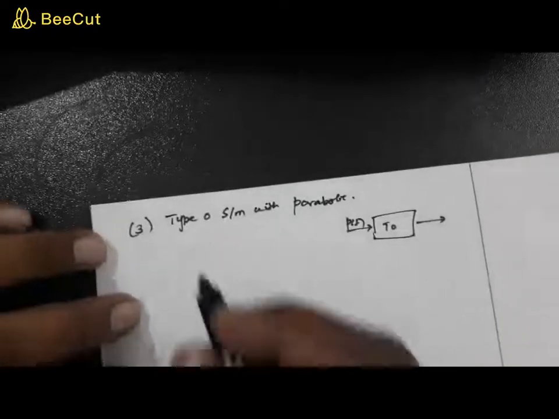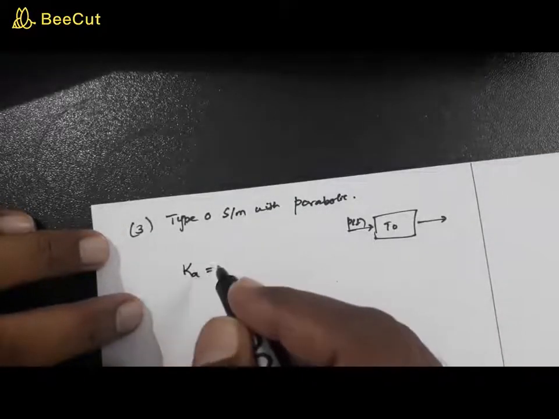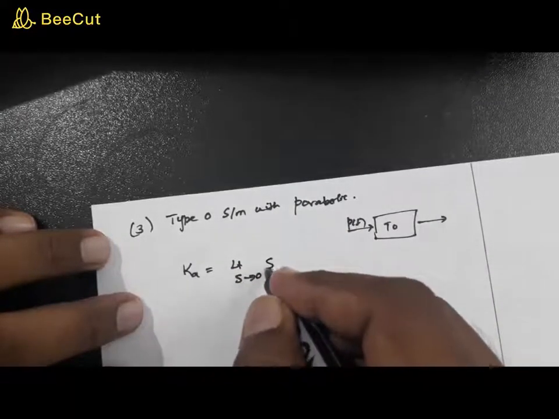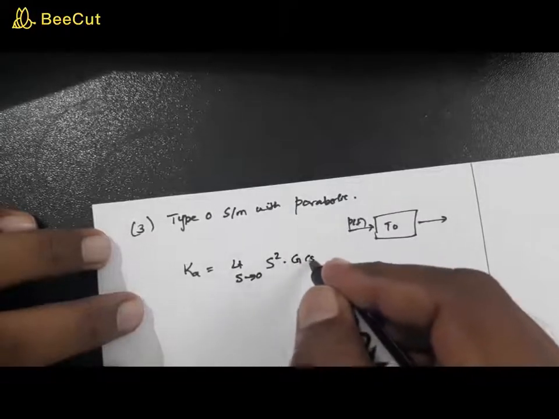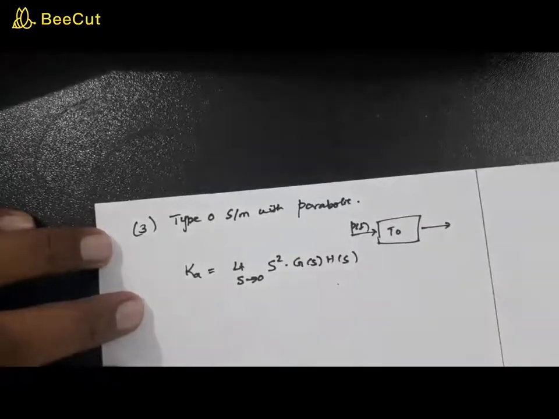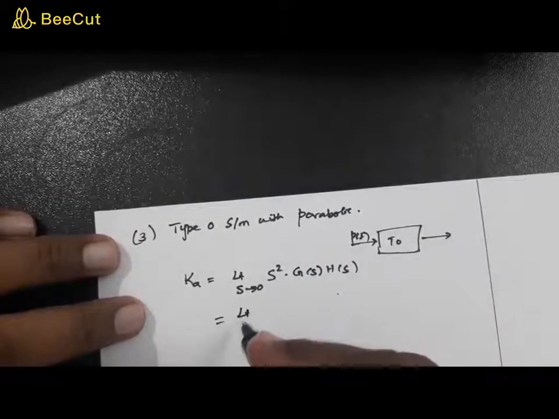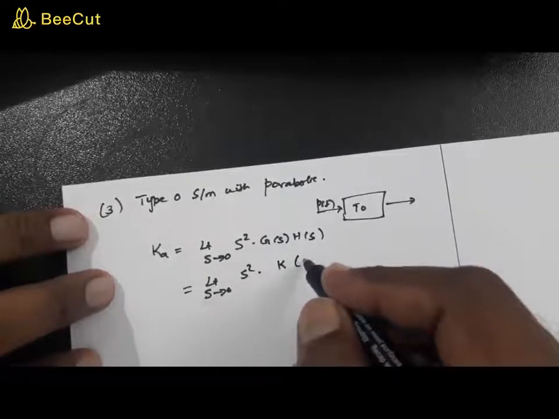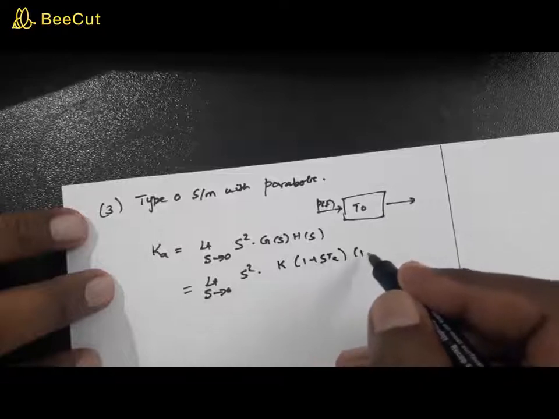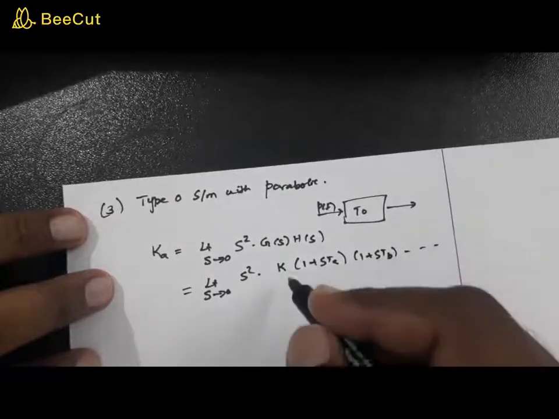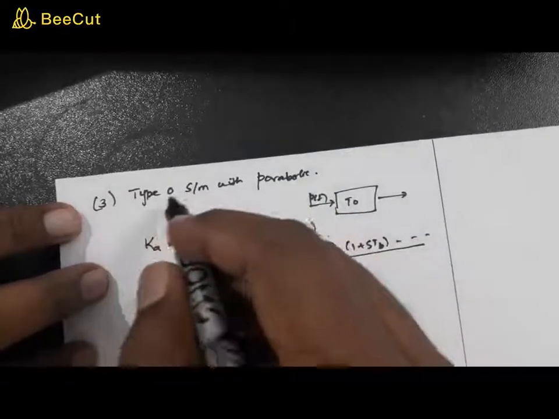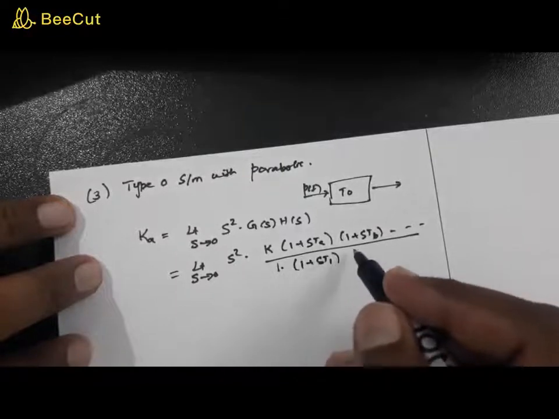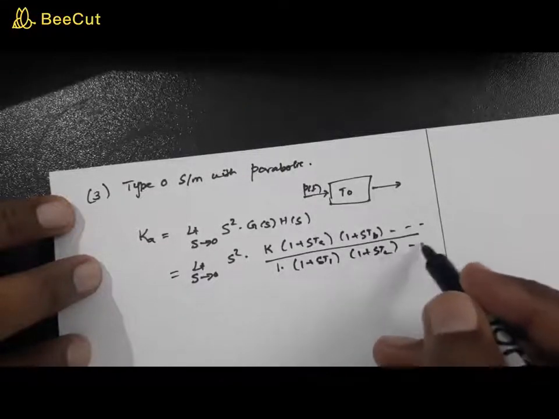Okay, that we have studied. So rewriting that, Ka or acceleration error coefficient is given by limit s tends to 0 s into s square into GsHs, right? Now we can find out for a type 0 system, limit s tends to 0 s square into K into (1 plus sTa) into (1 plus sTb), and it goes on like that, divided by s raised to n, because for a type 0 system s raised to 0 becomes 1, times (1 plus sT1) into (1 plus sT2) and so on.